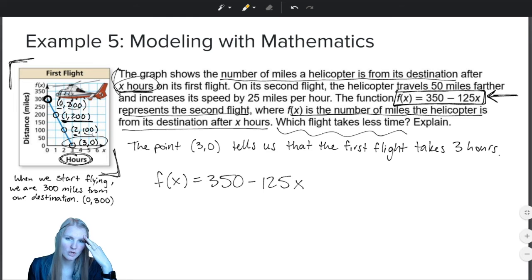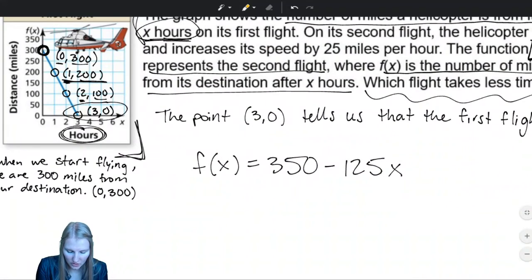So how could I figure out how long the flight takes? I want to know how many hours it takes to get to 0 miles away from my destination.